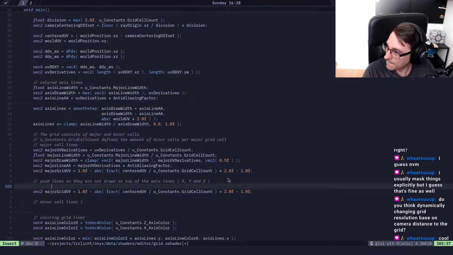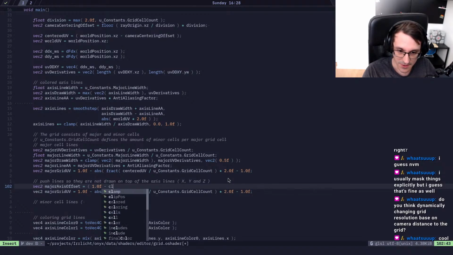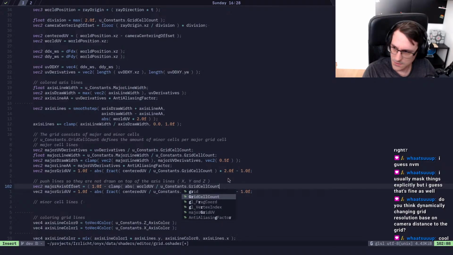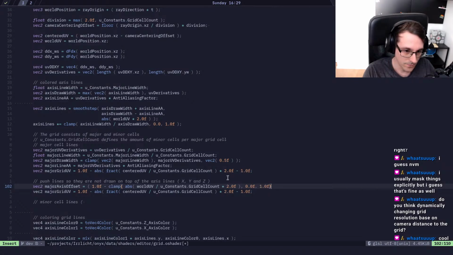So we basically have a major axis offset here, which is again 1.0 minus a clamp of the absolute of our world UV, because we draw the axis lines in the world UV space, divided by our U constants grid cell count times 2.0, that we clamp between 0 and 1, of course, because that's a factor. And then we do that times 2.